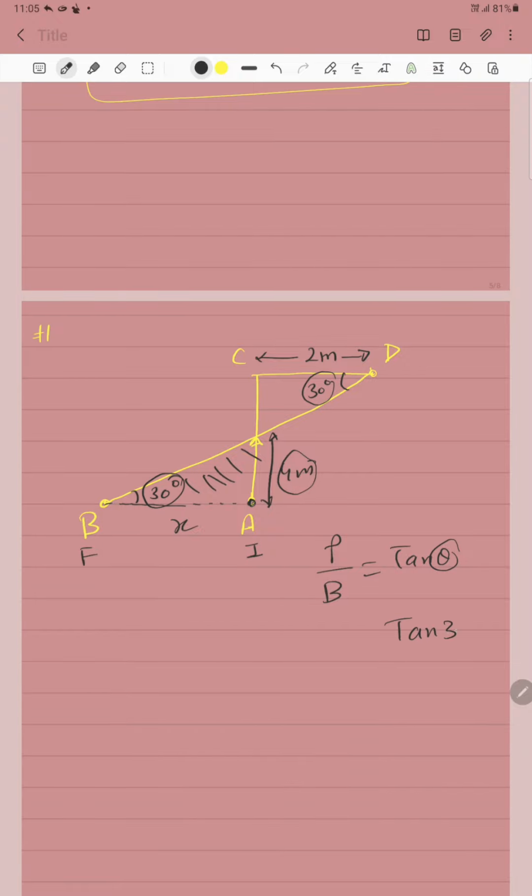So tan 30 degree will be equals to 4 over x. Then what will be value of x? It will be 4 over tan 30 degree. If I am not wrong, it will be 4 root 3 will be your answer, right? So these type of question can be done with the help of trigonometry, right? So this is use of trigonometry, okay?